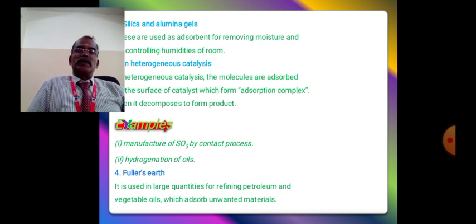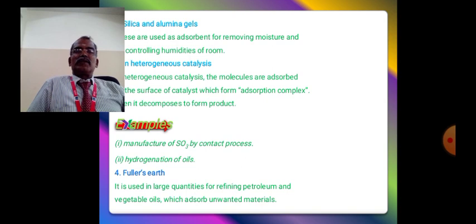And next one, heterogeneous catalysis. We have already studied this in the contact process. In heterogeneous catalysis, molecules are adsorbed on the surface of the catalyst, which forms an intermediate complex and so on.